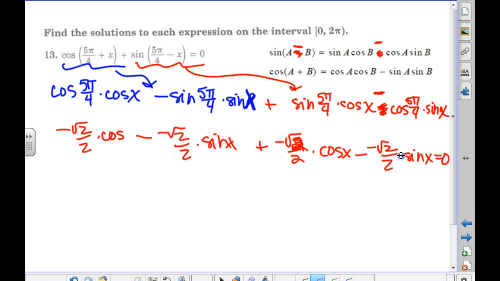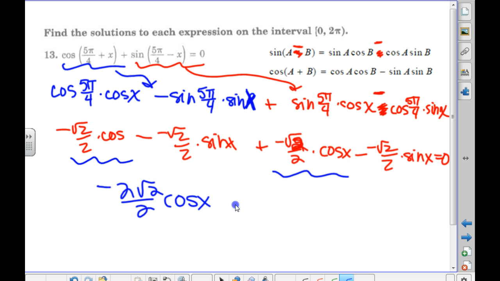Okay, we have a disaster going on here. One of these and another one of these, right? So we have negative 2 square roots of 2 over 2 cosine of x. This becomes plus positive, and this becomes plus positive.